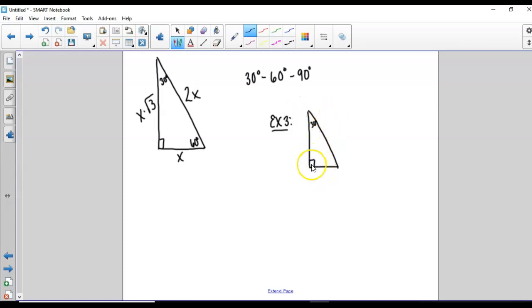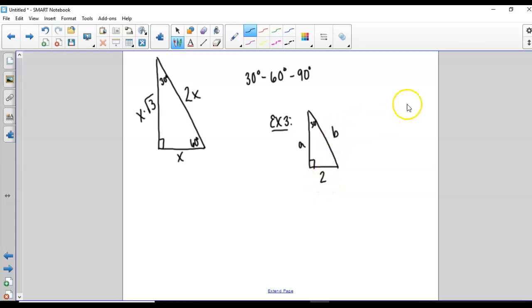So if we have a 30, 60, 90 triangle and we knew this side was 2, and let's say this is A and this is B. I've already got the short side of this.